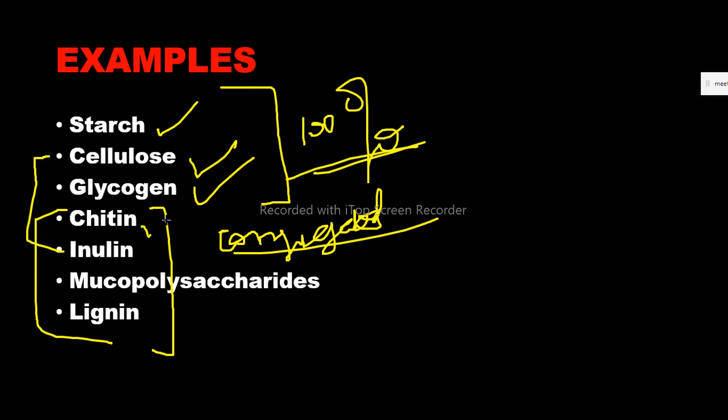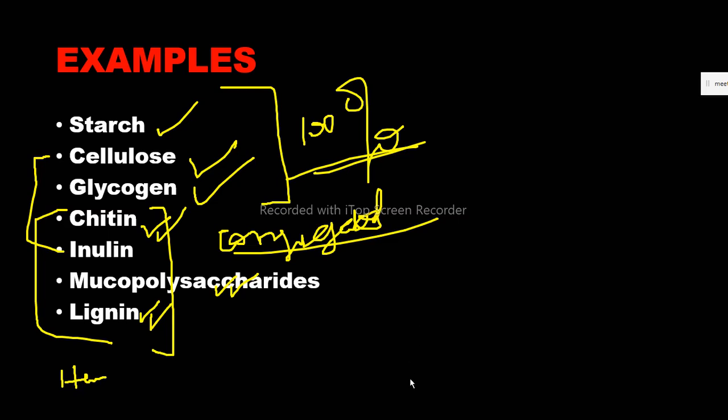But talk about chitin, mucopolysaccharides, mucin, lignin, and we are going to study the structures of each. Talk about hemicellulose too. So on top of being a carbohydrate, you have other groups attached on the overall chain.